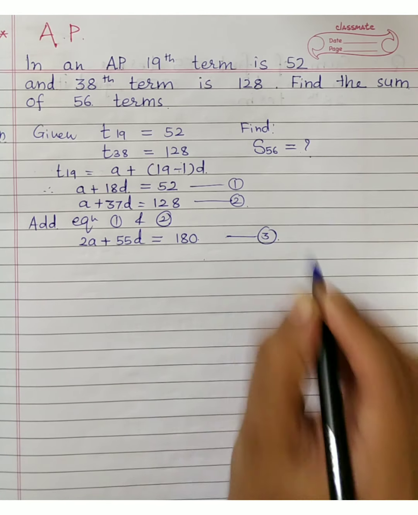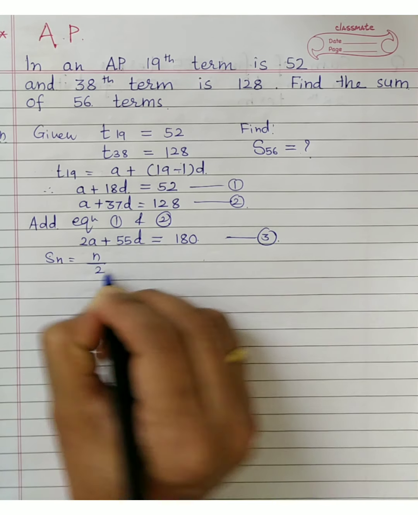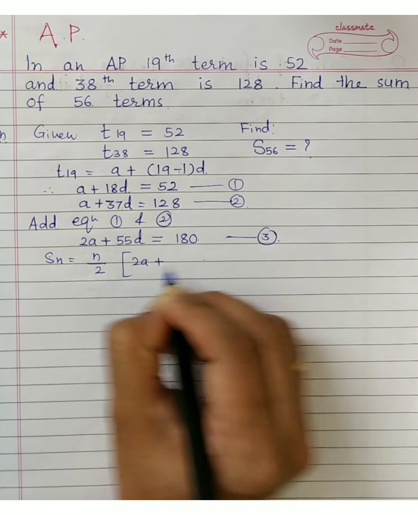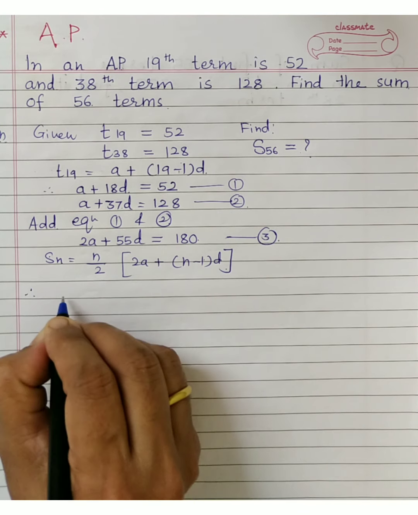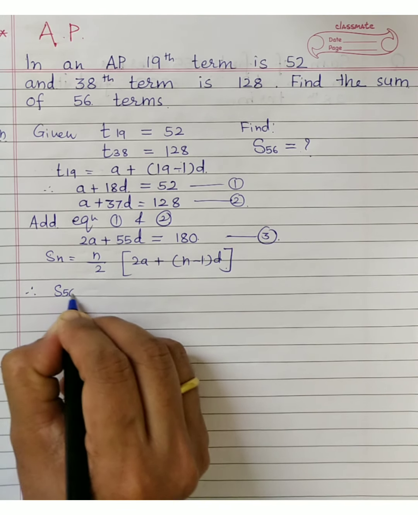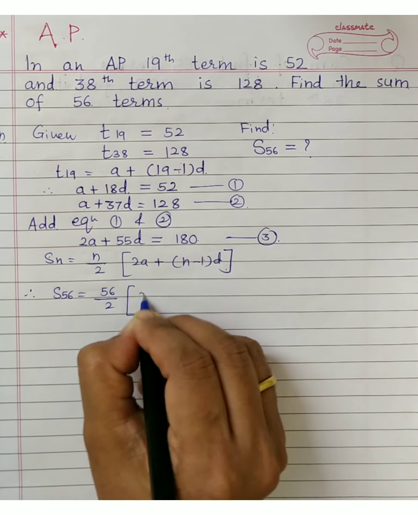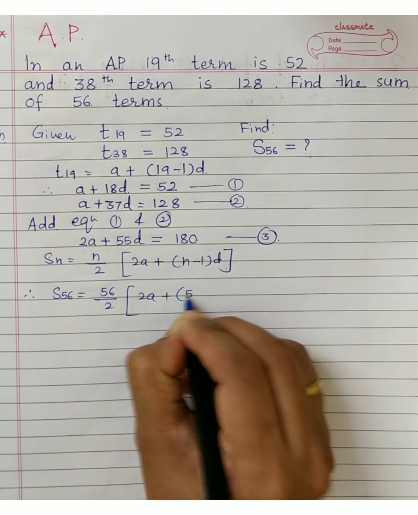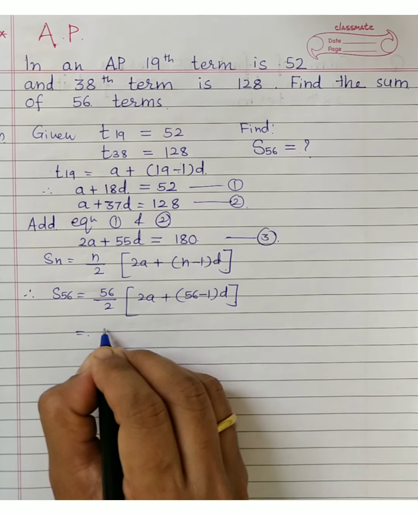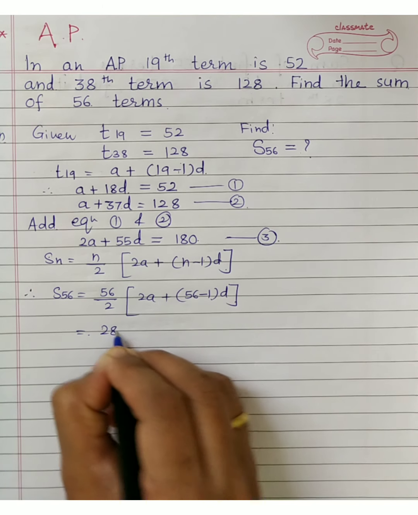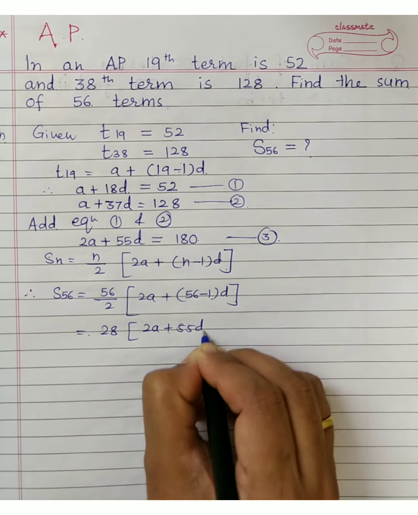Okay. Now the Sn formula. Sn is N upon 2 bracket 2A plus N minus 1 into D. Therefore, S56 will be 56 upon 2 bracket 2A plus 56 minus 1 into D. That gives you 28 bracket 2A plus 55D.